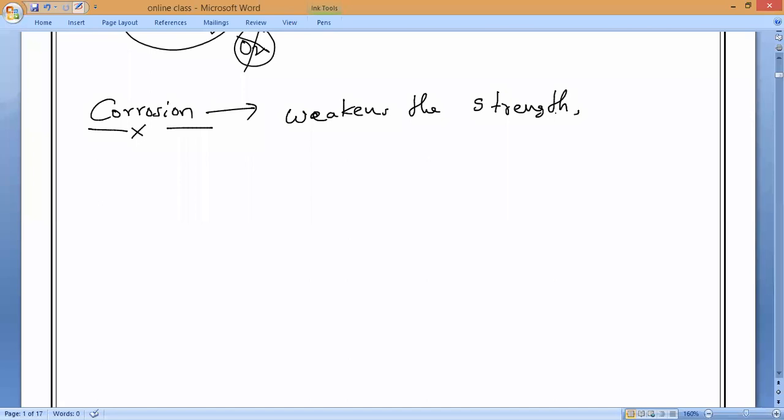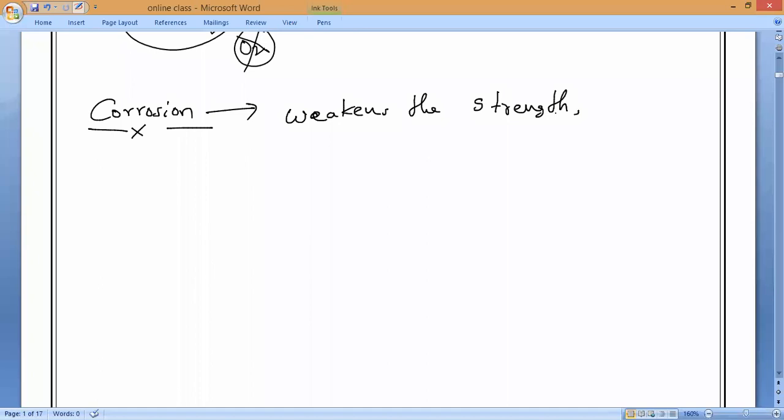Rusting or corrosion weakens the strength of all kinds of iron or steel objects, such as bridges, iron railings, all the automobiles, even protection gates and entry gates.